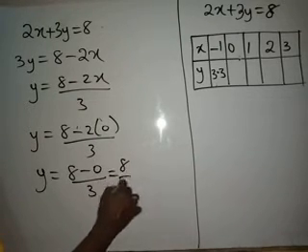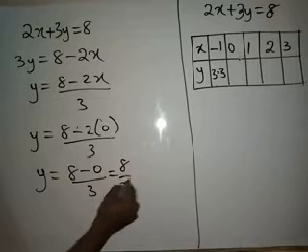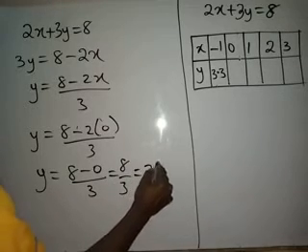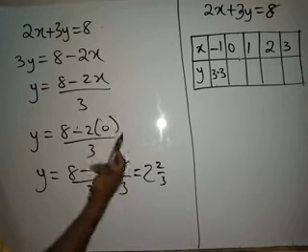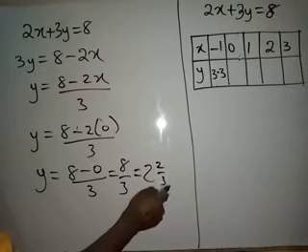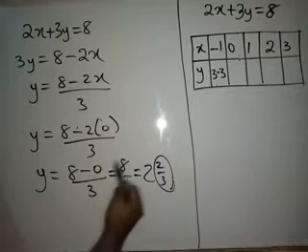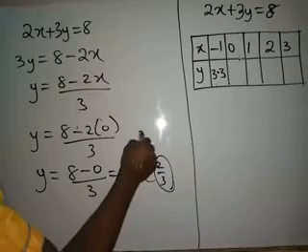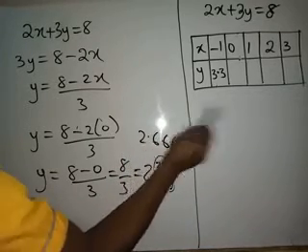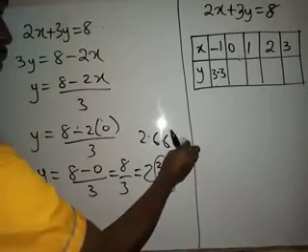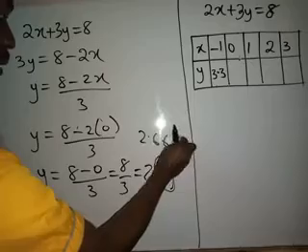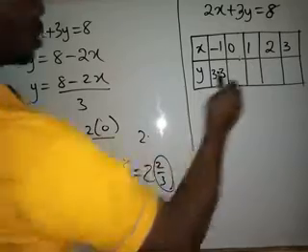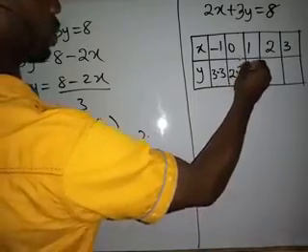This will be 8 over 3, which is 2 whole number, remaining 2 over 3, and this part is 0.66666. So 2.6666. If we approximate like we did in the last class, the 6 becomes 7, so that will be 2.7.